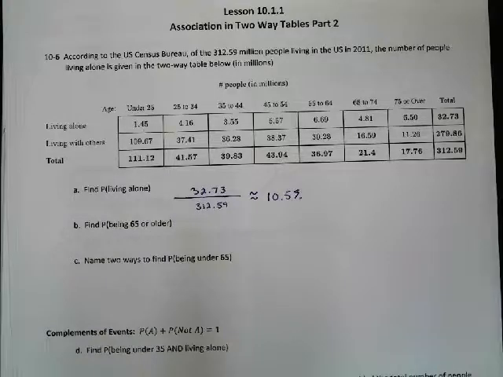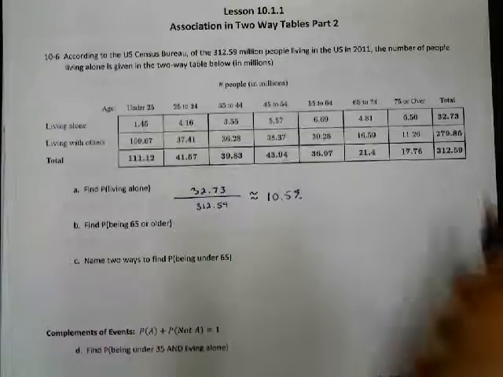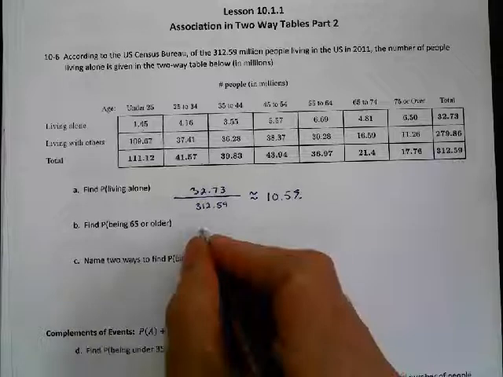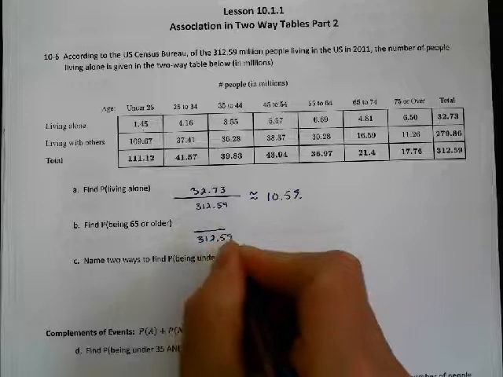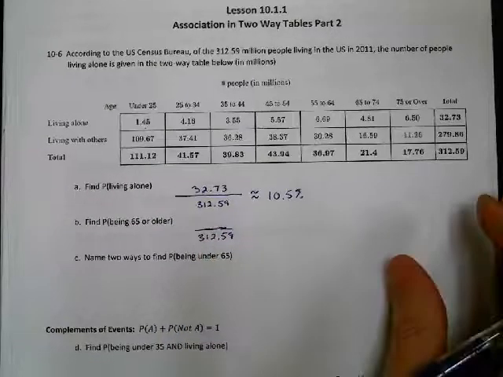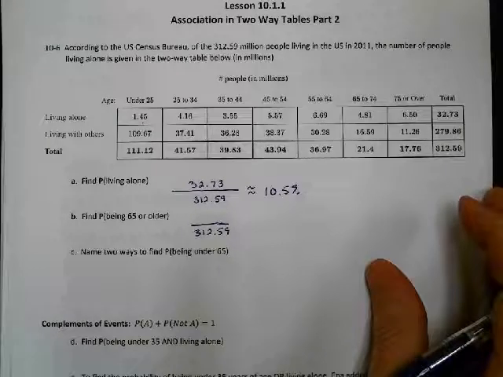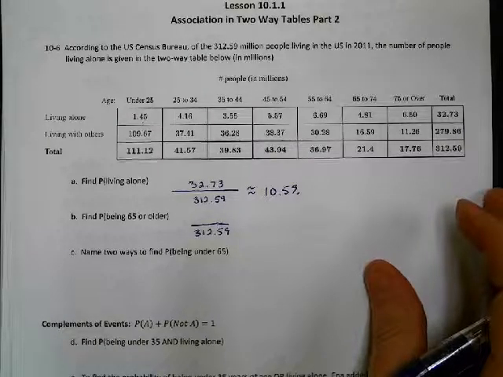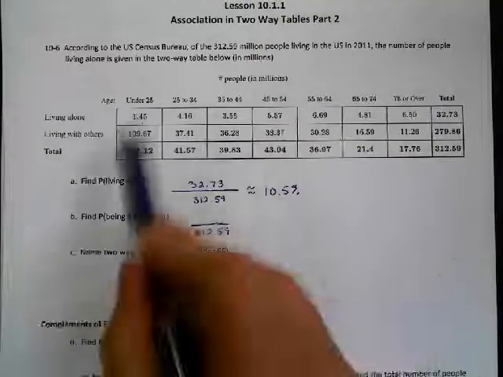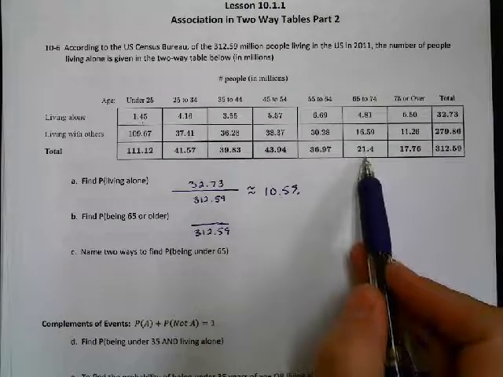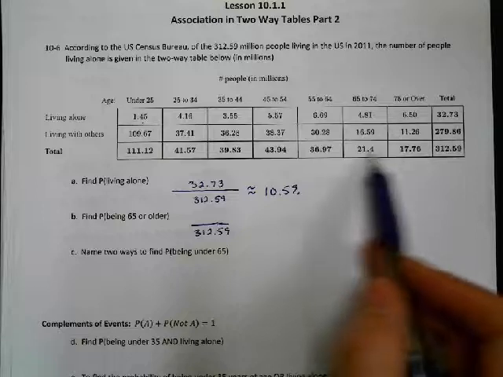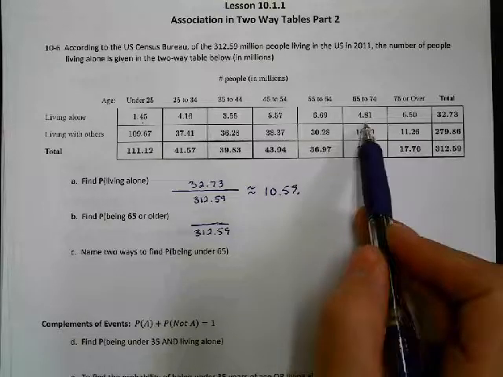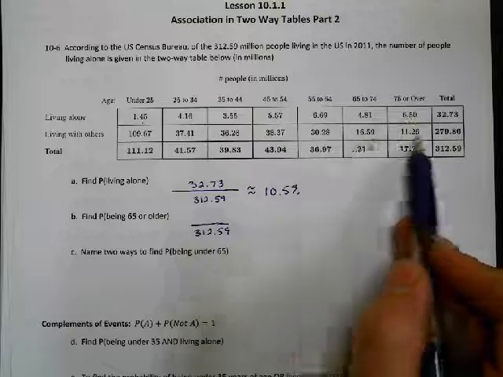Let's find the probability of being 65 or older. So again, my total is 312.59. Now let's look for the people who are 65 years or older. Not these people. These people are 65 or older, and so are these people. So we've got 4 groups here that are over 65: these 2 that are living alone, and these 2 that are not living alone.